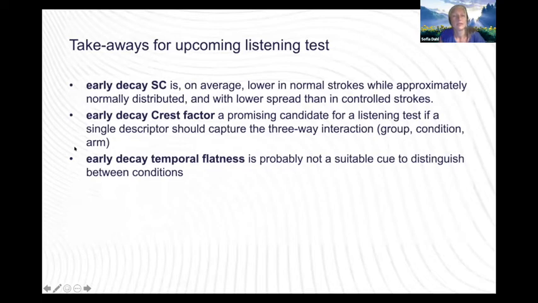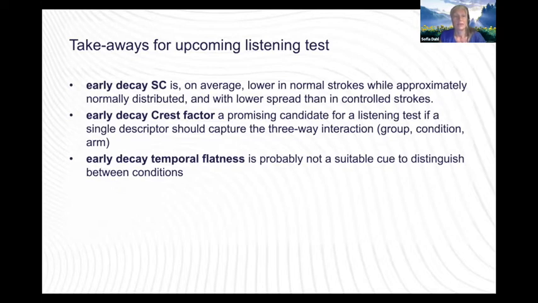So the takeaway of this rapid go through of the models that we hope to be using in the listening test later on is that early decay spectral centroid seems to be on average lower in normal strokes while approximately normally distributed. So this could be a good one to use to distinguish between the 2 playing conditions.